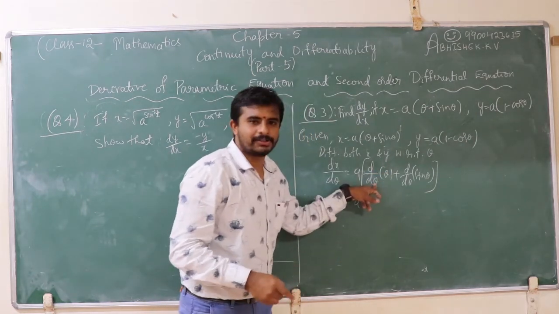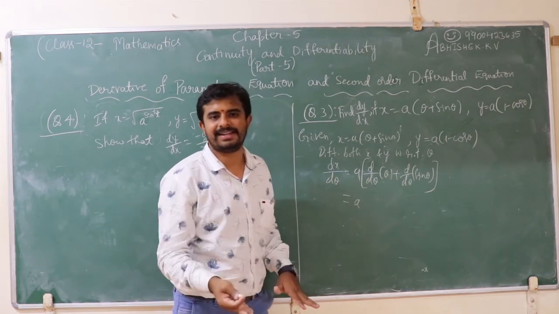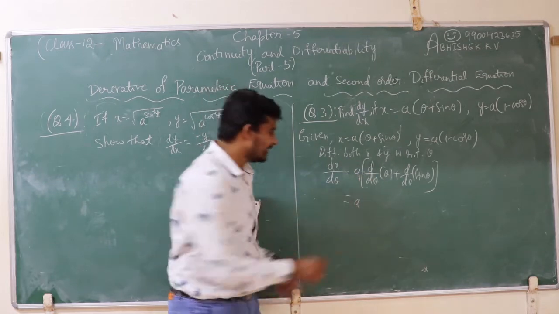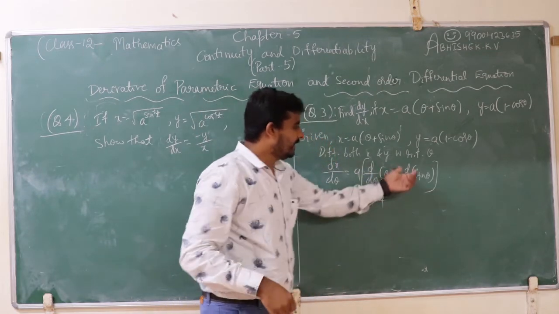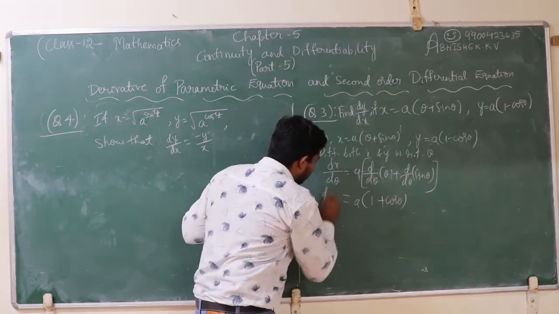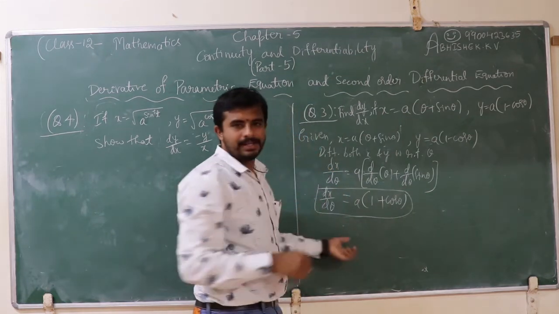Derivative of theta with respect to theta, the derivative of the parameter with respect to the same parameter, like d by dx of x, is 1. d by d theta of theta is 1 plus d by d theta of sin theta is cos theta. Therefore, dx by d theta is given by a into 1 plus cos theta.